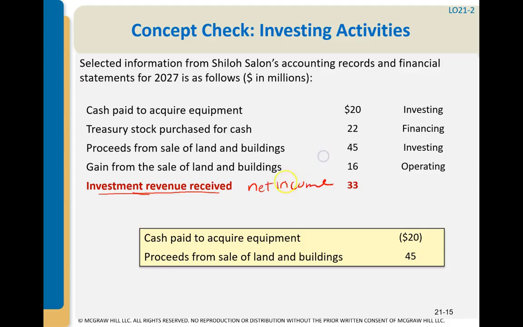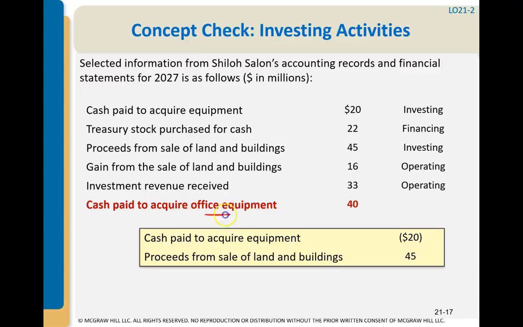And our operating activity section starts with our accrued net income and we convert it into a cash basis net income. And so since investment revenue is included in the net income number, any adjustments for cash purposes need to be made in the operating activity section because that's where the investment revenue is residing. So it's in the operating section.